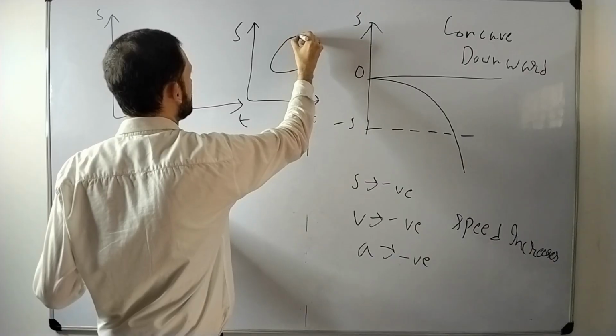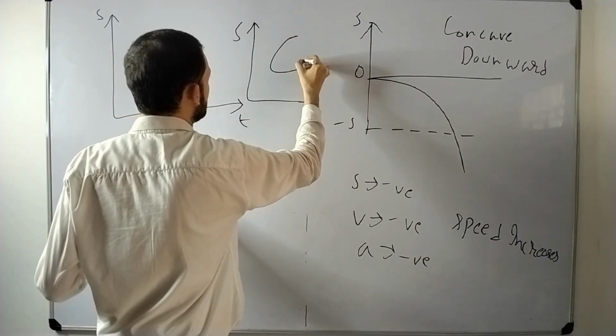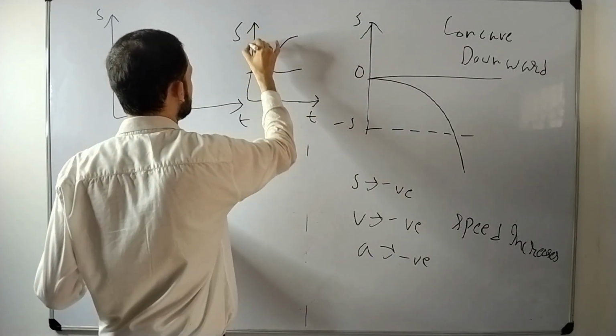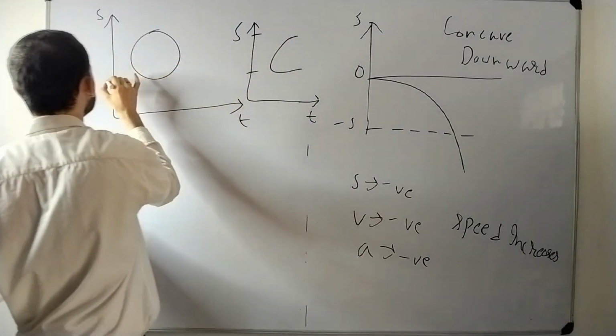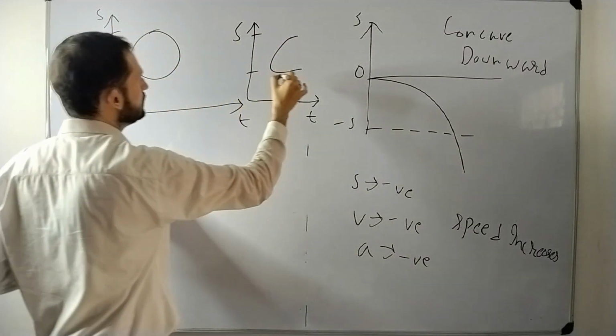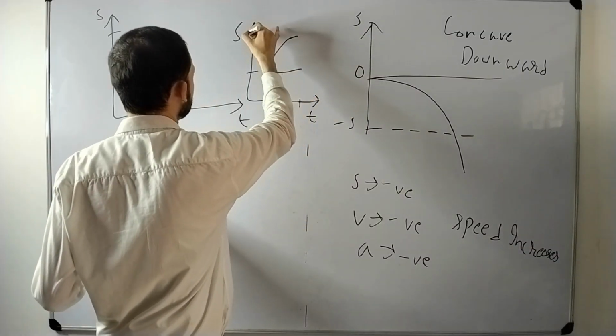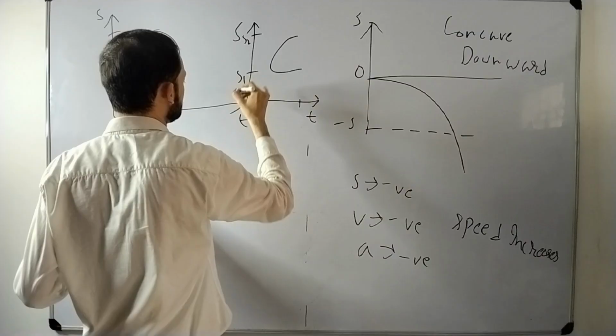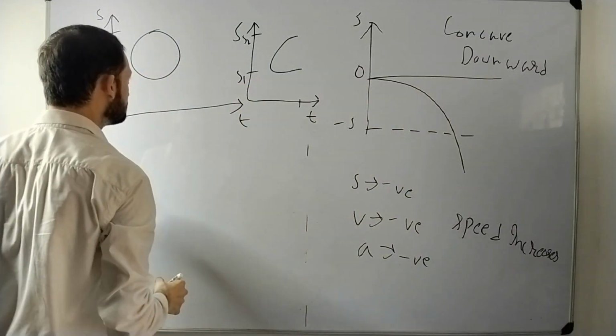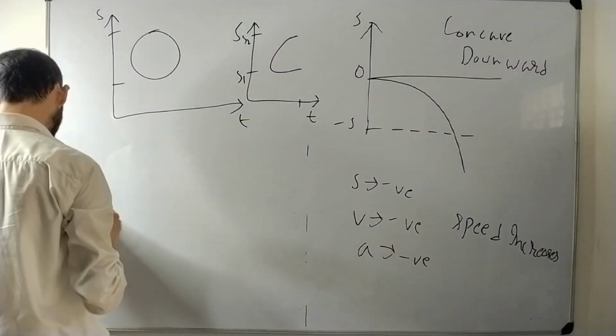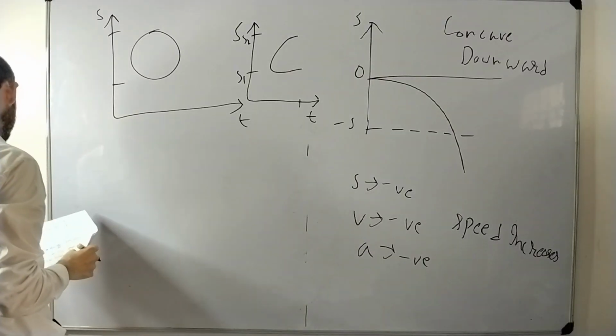How so? Because see, at one moment of time, the body is at two positions, here at S2 and here at S1. So this is an impossible graph.